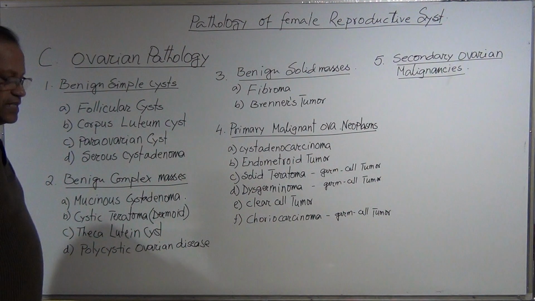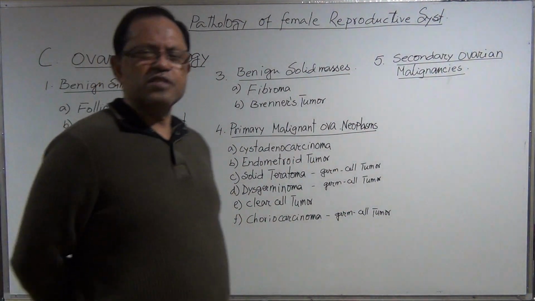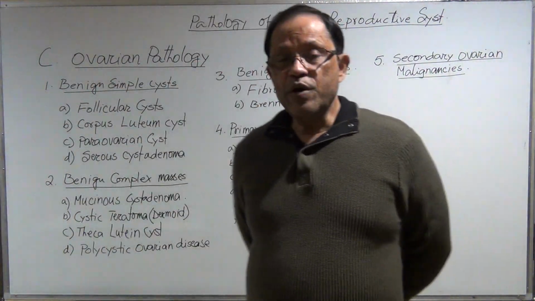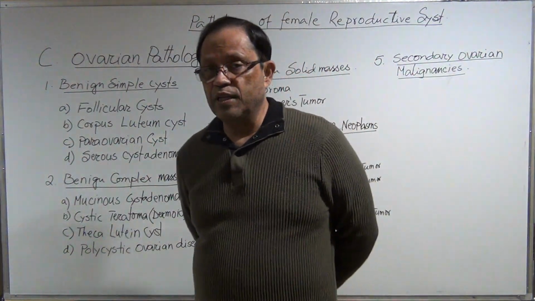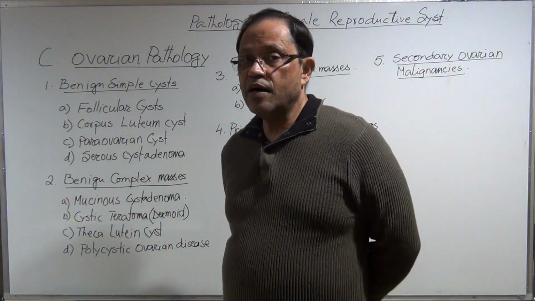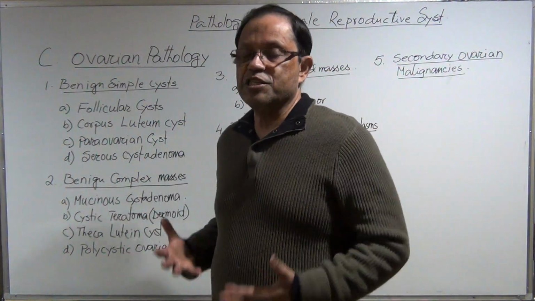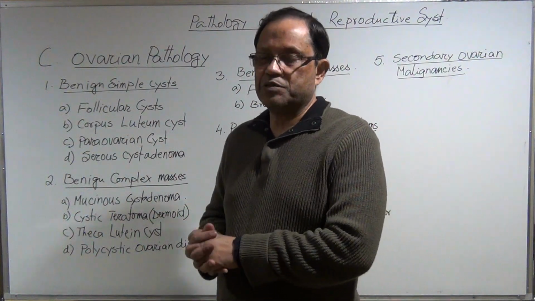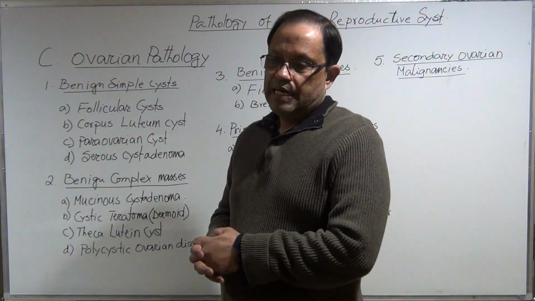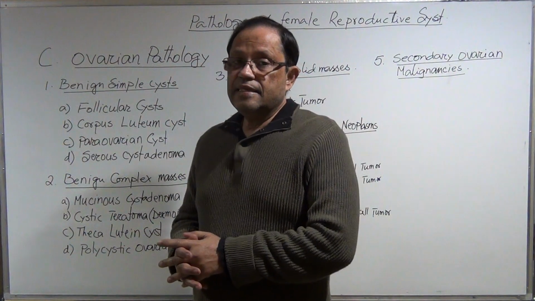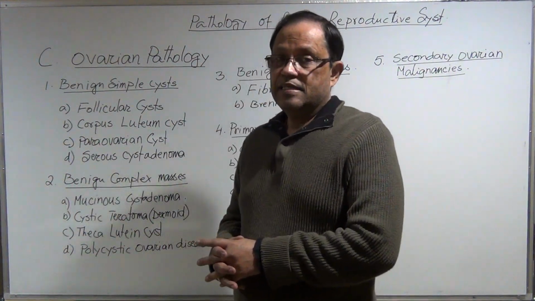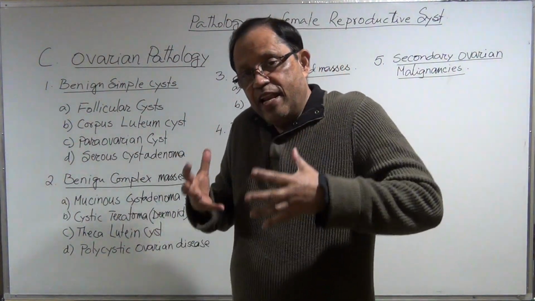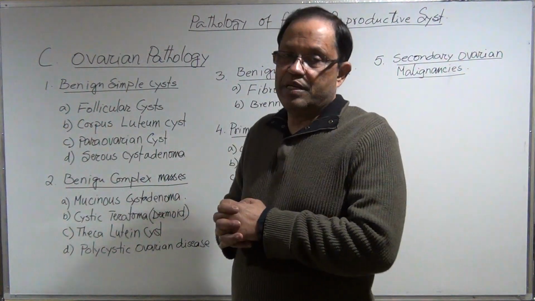Corpus luteal cyst. Corpus luteum. What is corpus luteum? When the Graafian follicle has ovulation, that means the egg is out. Then when the egg is out, the shell remains inside the ovary.